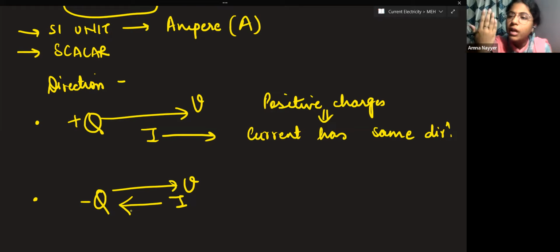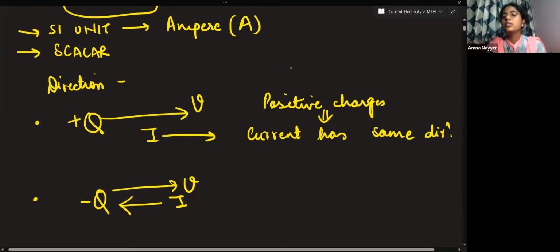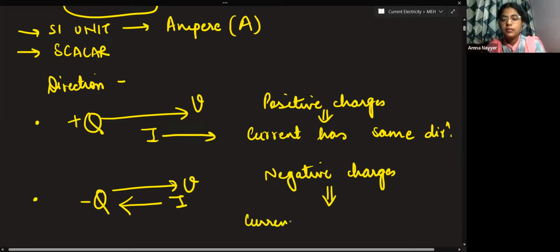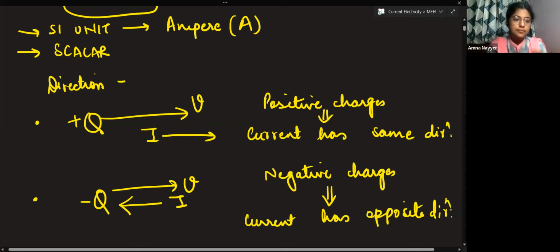If the negative charge is moving upwards, the direction of current becomes downwards. It becomes exactly opposite. So for negative charges, current has opposite direction. Clear till here?